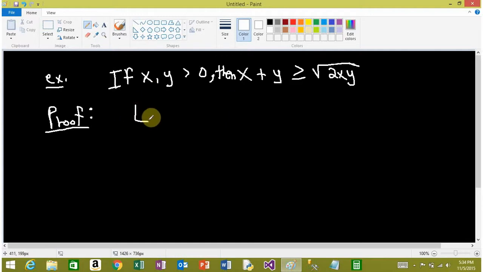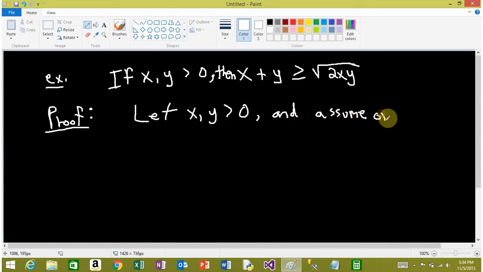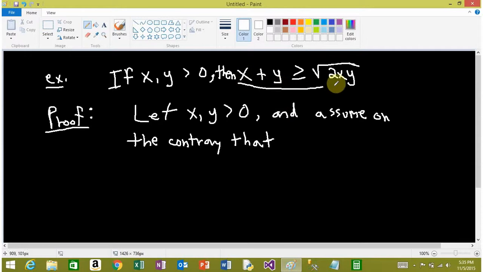So we're going to let x and y be positive real numbers, and then we're going to assume, on the contrary, that, and then we find the negation of this statement, x plus y is greater than or equal to the square root of 2xy.